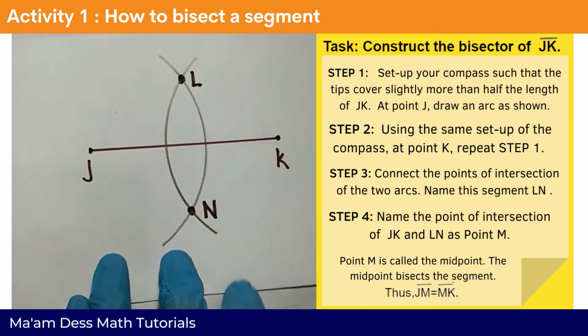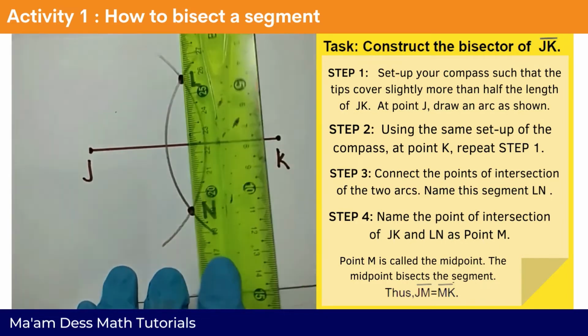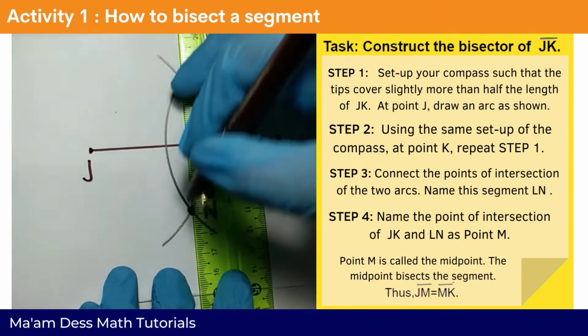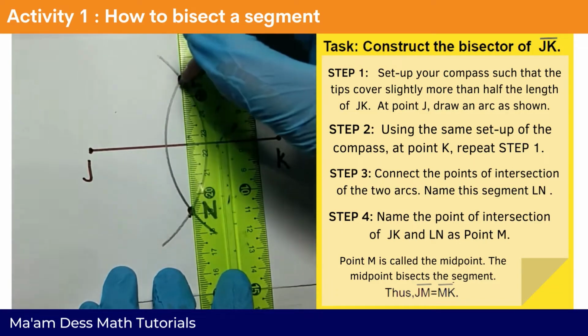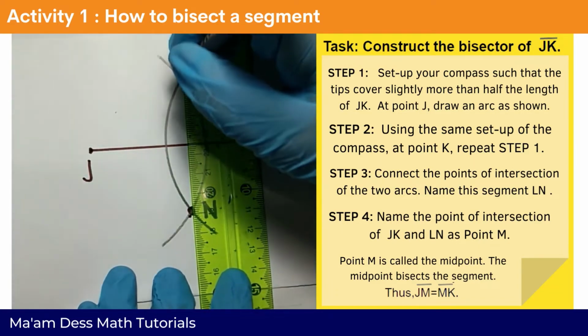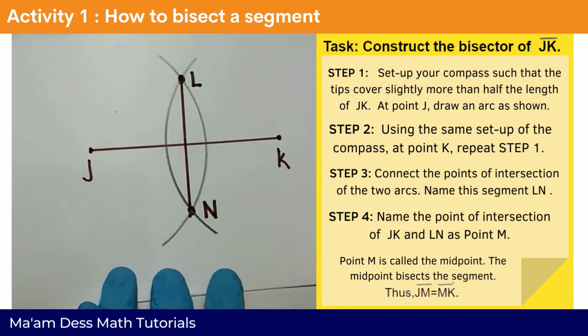So after that, you have to connect the 2 points. So, using the ruler, connect the 2 points. Okay, make sure the two points are aligned. Okay.